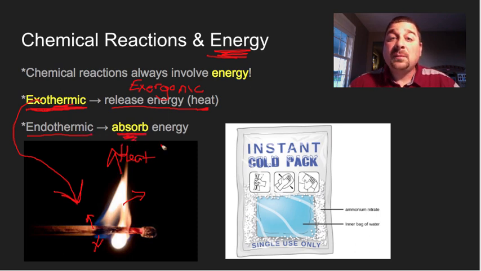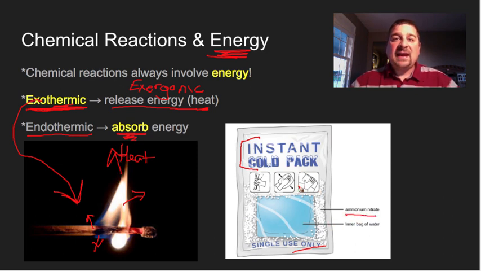An example of absorbing energy: some of you may have fallen in phys ed or something, bumped an elbow or wrist, and the secretaries may have given you this instant cold pack. They don't have a freezer down there, but there's this pack that they keep in the storage room that's got an inner bag of water and ammonium nitrate crystals outside of that.